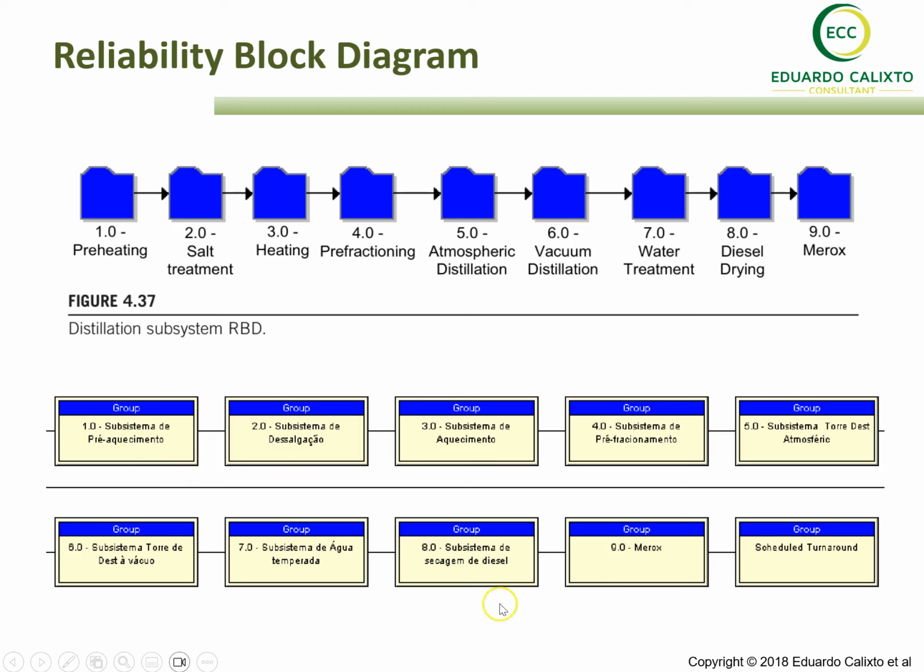Here below, this figure was produced in the BlockSim software from ReliaSoft. It's very good to look at the operational availability, reliability, and very detailed information about how much improvement I can get in my system when I improve specific critical equipment.